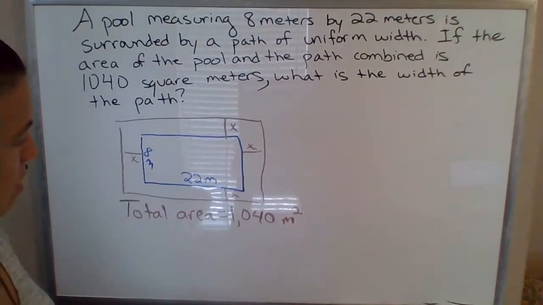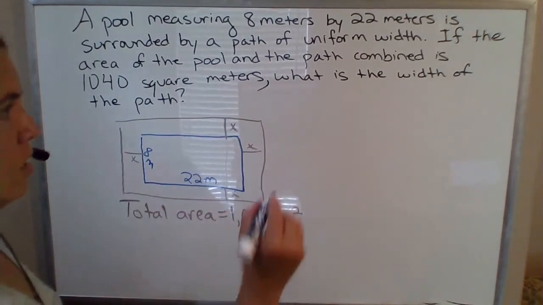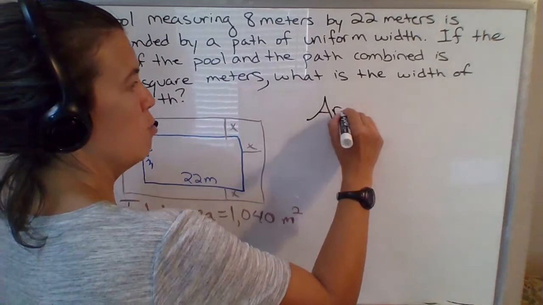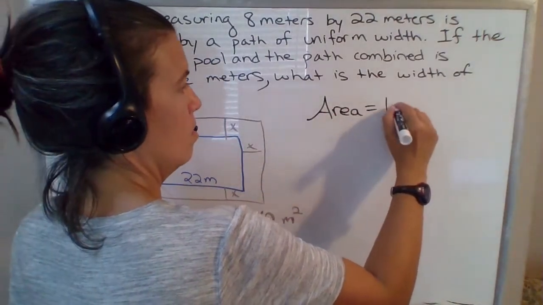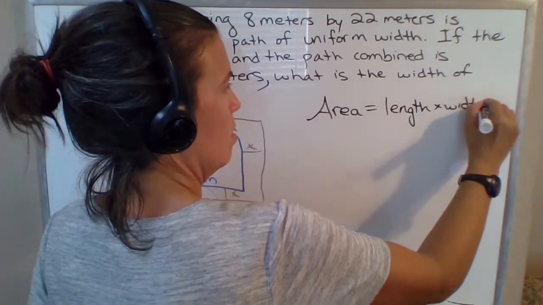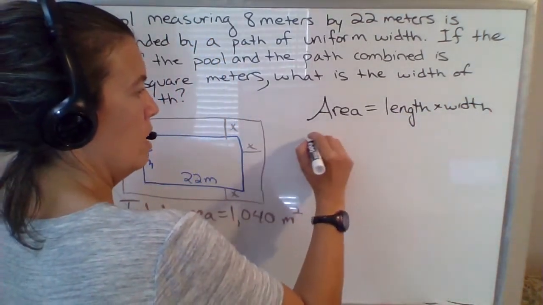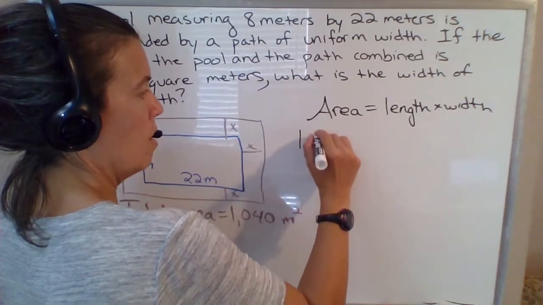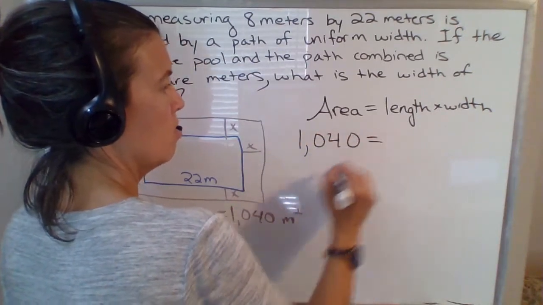Okay, so area of a rectangle, remember, is length times width. We have a total area which is 1,040 square meters.